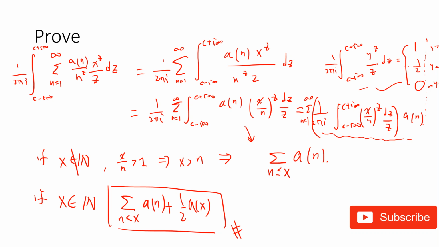So this term becomes the sum of a(n) for n less than or equal to x. If x equals n, then you need to do the same thing. This term is still the same, but the final term must be times a half due to this term. So if x is an integer, then x divided by n is 1, so you will have this term.